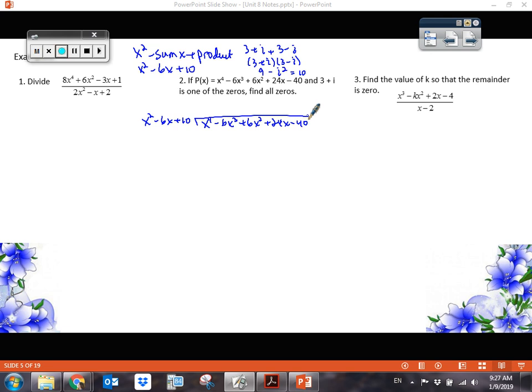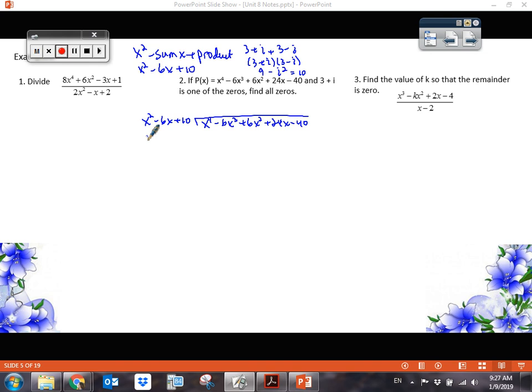Now, since this quadratic was created by factors of the polynomial, if I don't come out with a zero remainder, I've done something wrong. There should be no remainder when I finish my division.